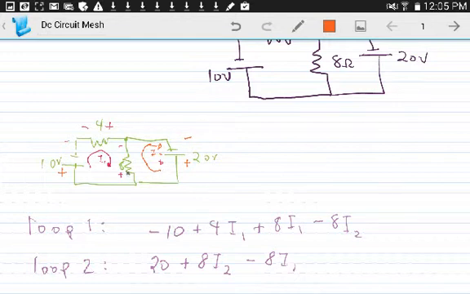Entering positive, leaving negative, we have negative 8. So that's the entire equation for loop 1.